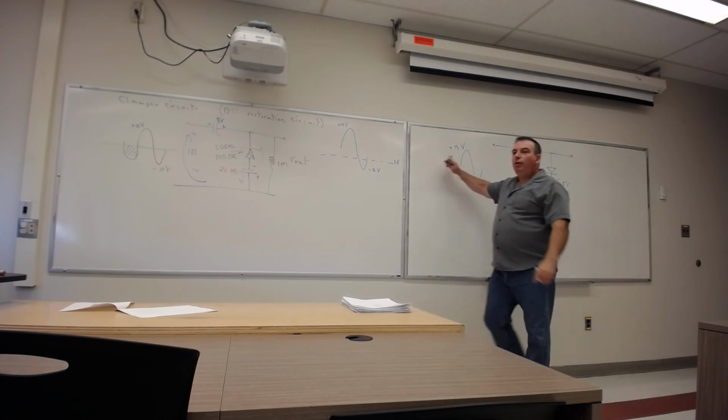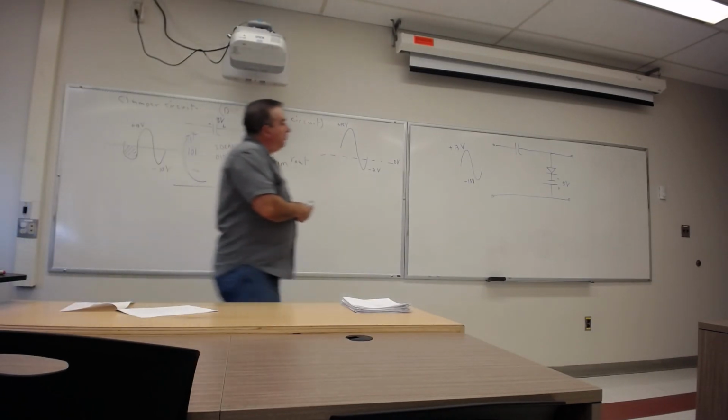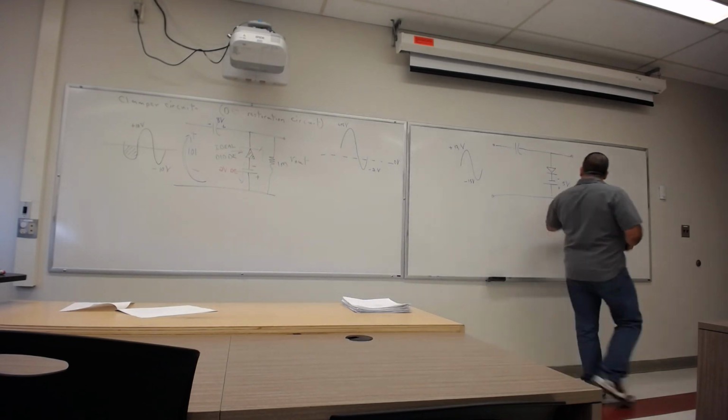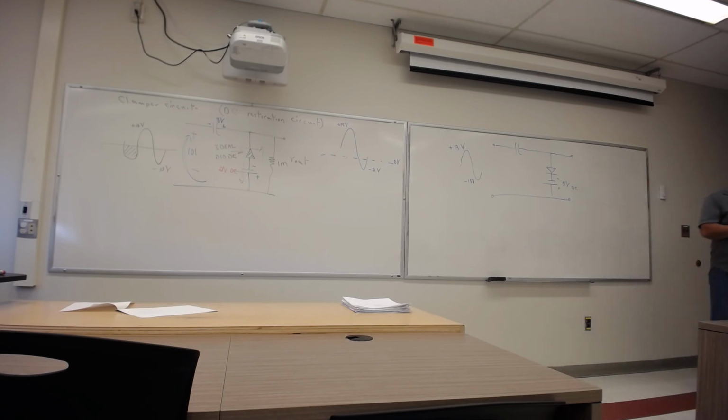I get a sine wave right at the input, plus 13, negative 13. I've got this circuit here, and I've got a negative 5 volt DC power supply. So what's my output wave? Figure that out.